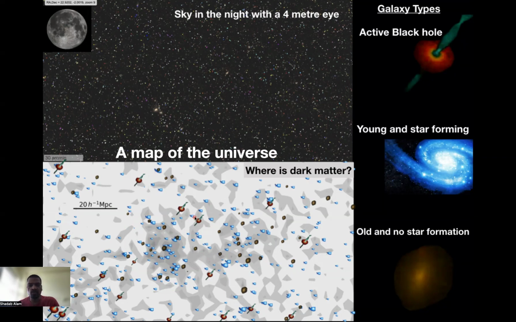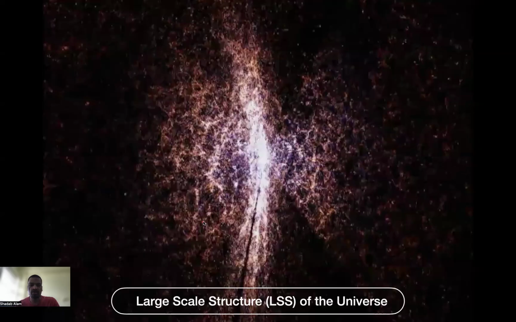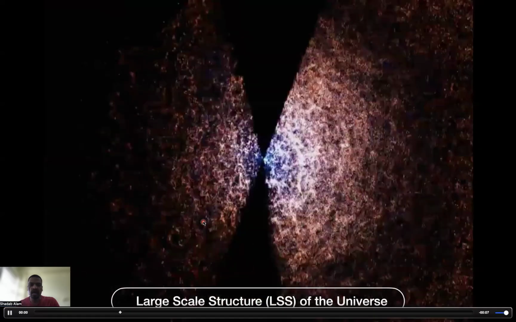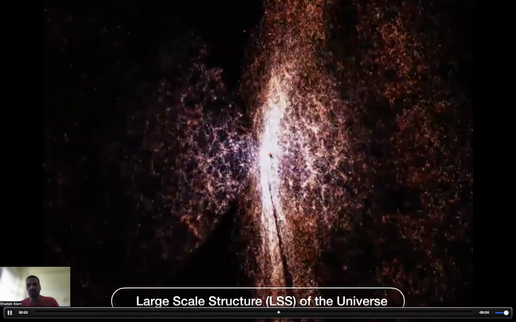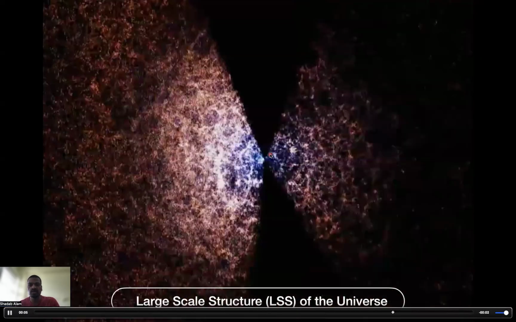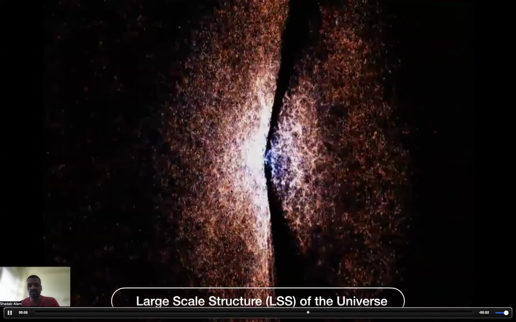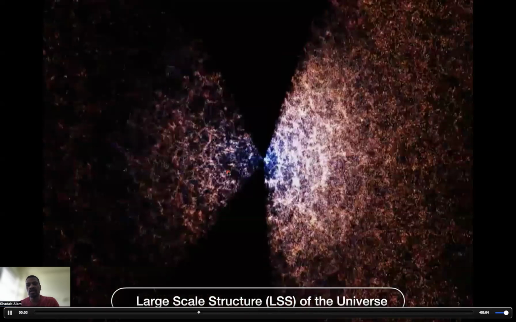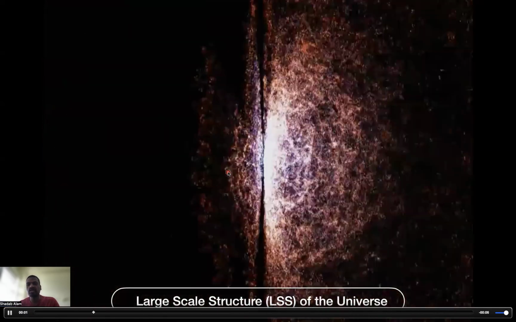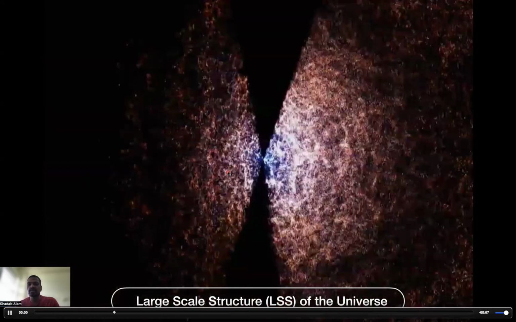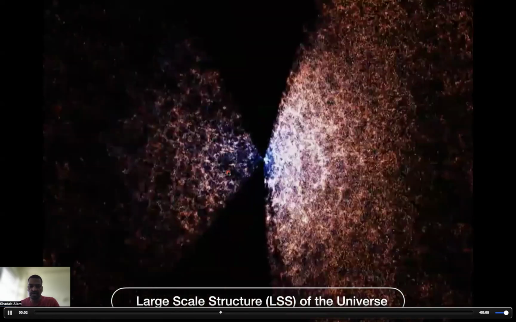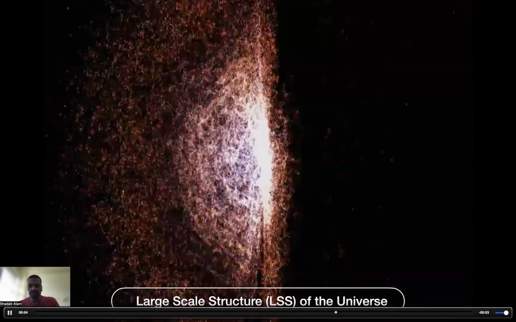Now, if you want to think about a larger scale, what you're going to see is the large scale structure if you zoom out from the image I showed you. And so you see a cosmic web and this intricate structure, which is traced by galaxies themselves. It's also traced by dark matter, which is inherently tracing the structure.